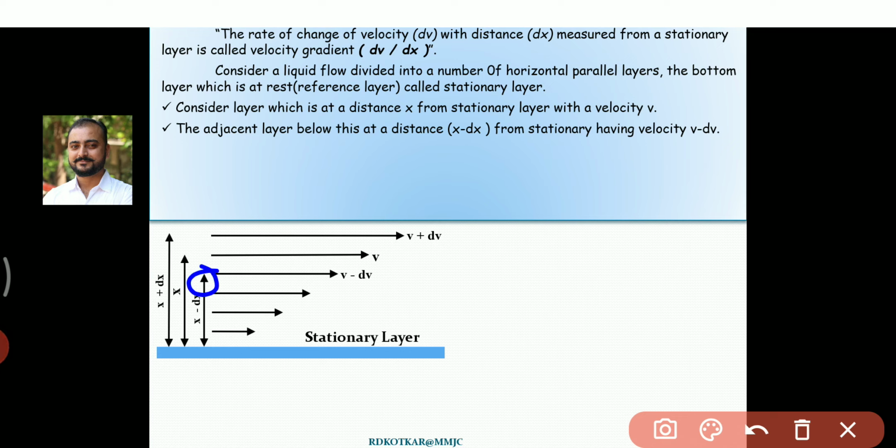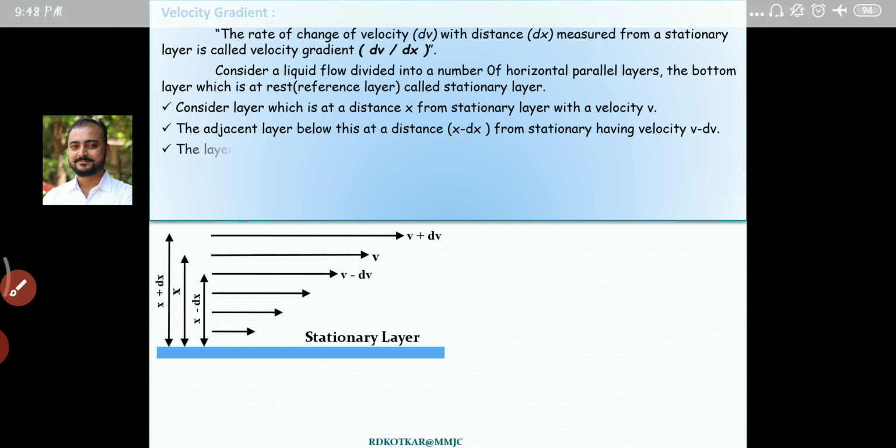This layer is present below the layer at distance x, separated by a small dx, whose velocity is v minus dv and whose distance is x minus dx.